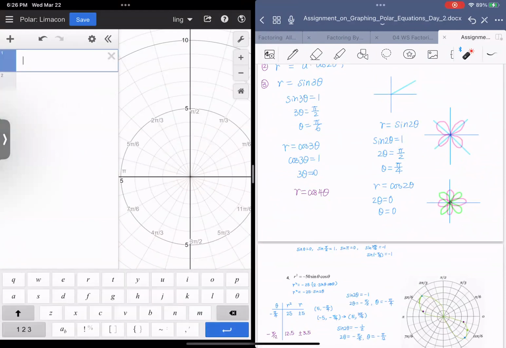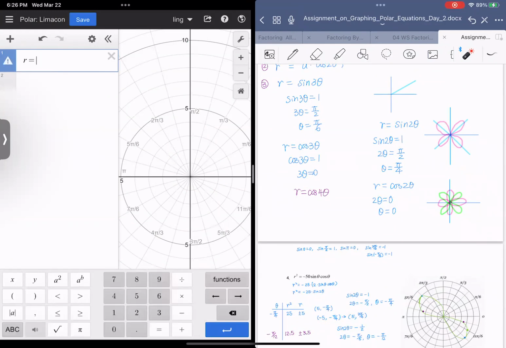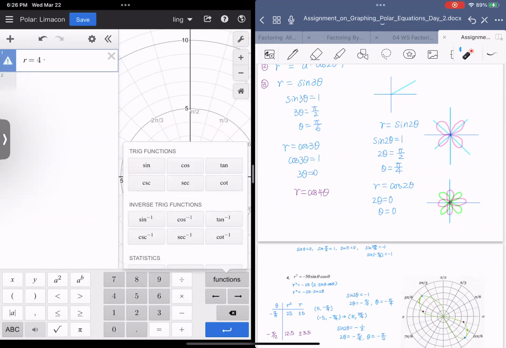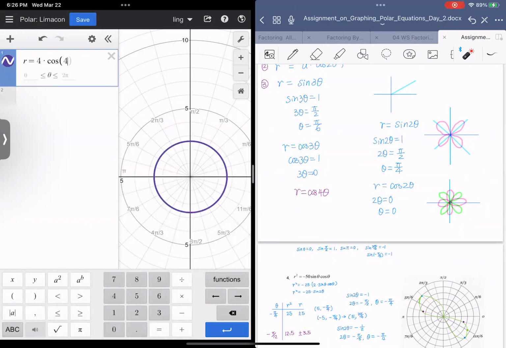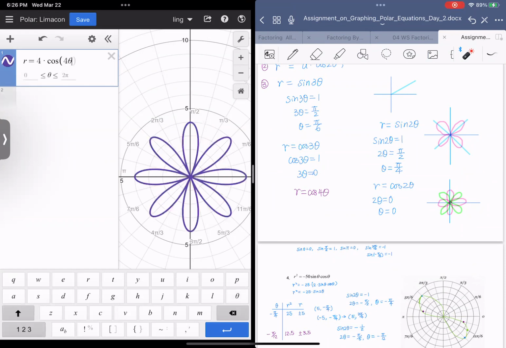So if you want to check, is that really true? For example, r equals 4 times cosine. You see? Easy, right?